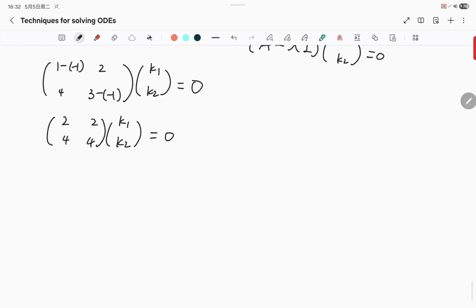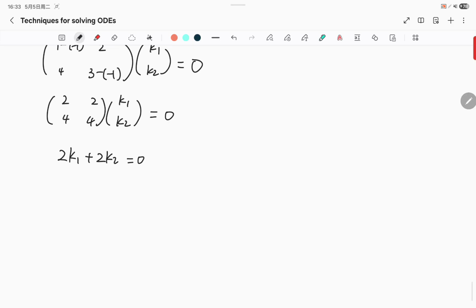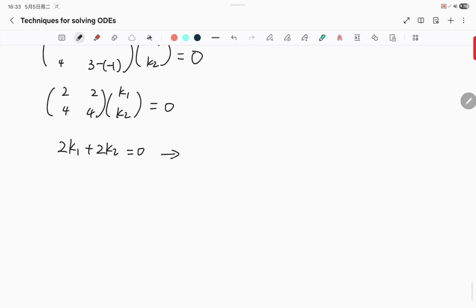Let's use row 1. We have 2k1 plus 2k2, this times that plus this times that, equal to 0. Dividing by 2 on both sides, we just have k1 equal to negative k2.